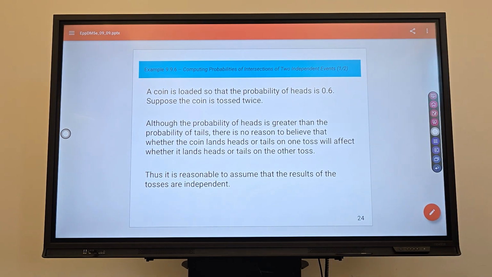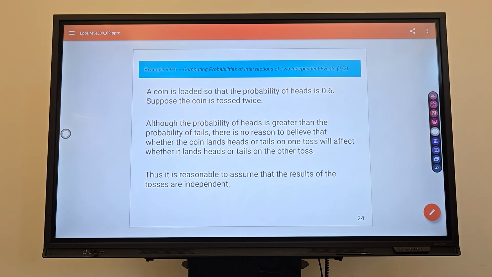Now, probabilities of intersections of two independent events. A coin is loaded so that the probability of heads is 60%. Suppose the coin is tossed twice. Although the probability of heads is greater than the probability of tails, there's no reason to believe that whether the coin lands on heads or tails on one toss will affect whether it lands heads or tails on the other toss.